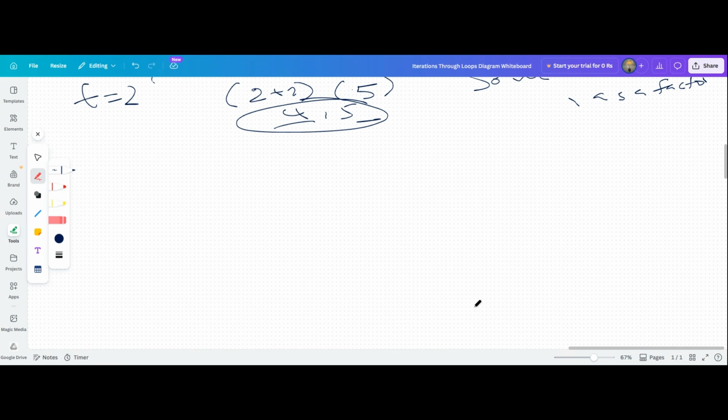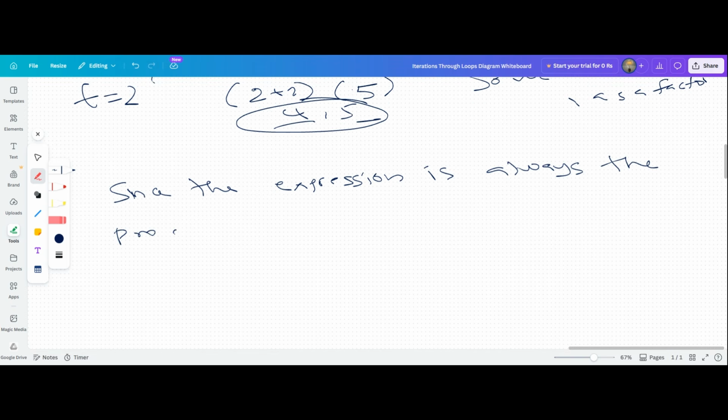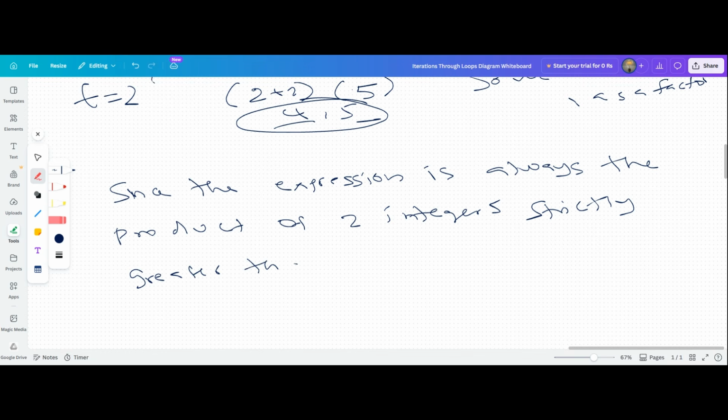So you can write here: since the expression is always the product of two integers strictly greater than 1, the minimum it takes is 3.